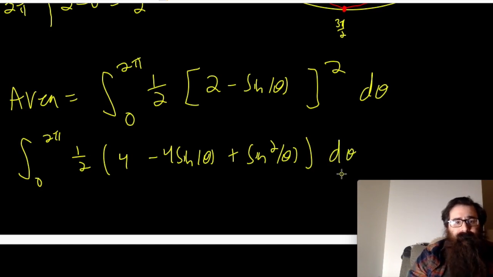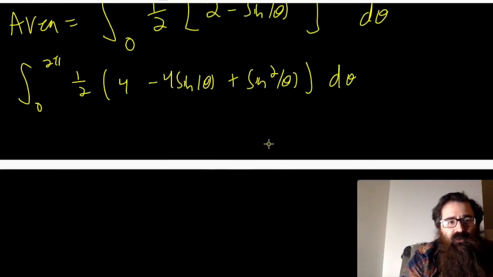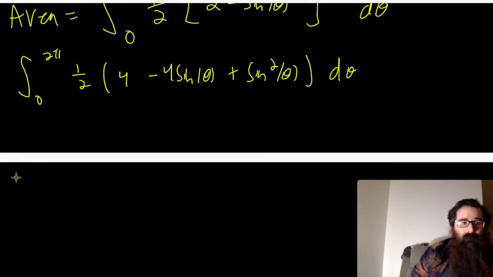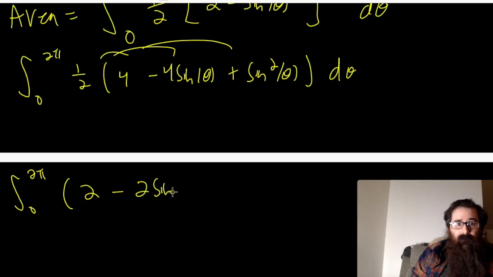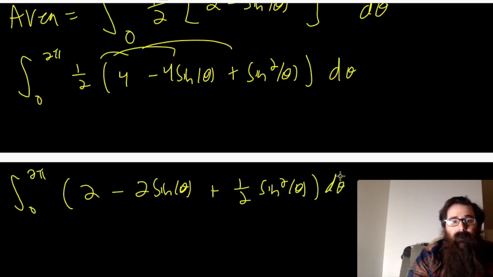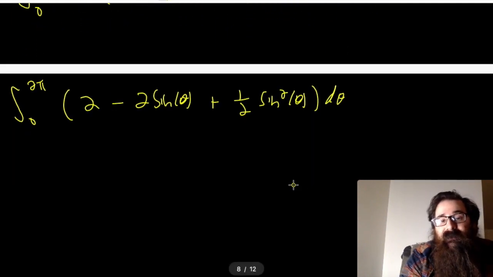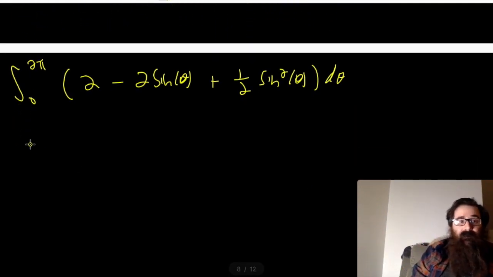D theta. And here I can go ahead and distribute my 1/2 in. So this is the integral from 0 to 2 pi of 1/2 times 4 is 2, and then I get minus 2 sine theta, and then plus 1/2 times sine squared theta, d theta. But now to integrate sine squared, I need to use a trig identity.